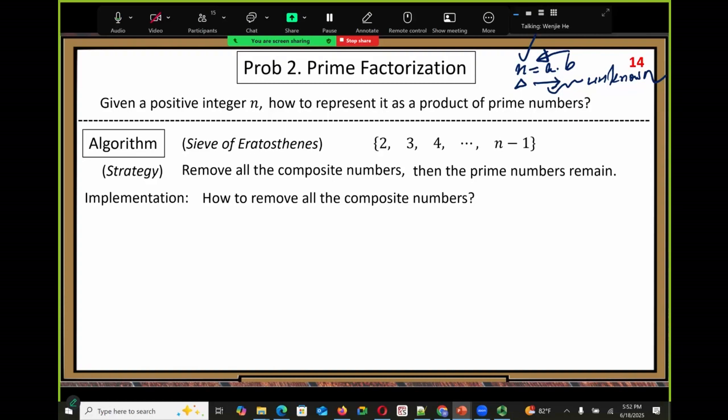N we treat as a multiple of B, or B as a multiple of A. Here we want to take that view, the multiple view, to replace the decomposition view, because that will be much easier.